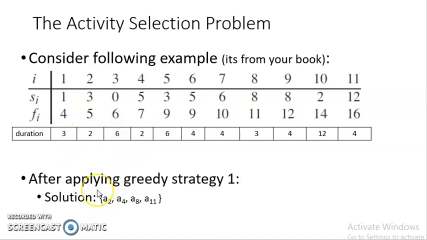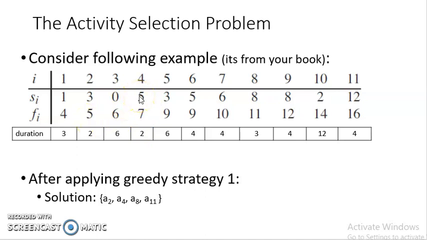Now, according to the third step, you have to pick the second shortest class by seeing the activities or classes which satisfy the compatibility constraint. So, after scheduling A2, the second shortest class is A4. So you first check if A4 satisfies the compatibility constraint, which it does because it starts after the A2 has finished.